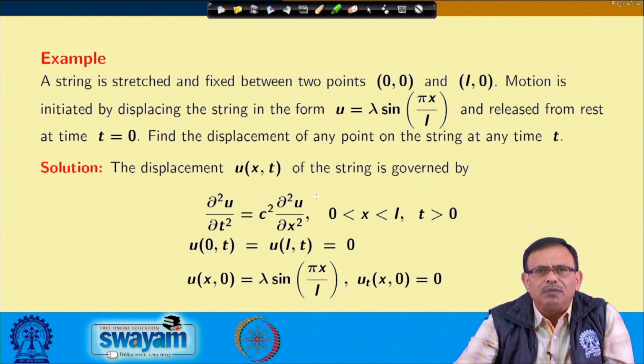So, the formulation of the problem suggests that I should better use the Laplace transform, and that too with respect to t, because t's range is from 0 to infinity, whereas x lies between 0 to L, so I cannot use x.